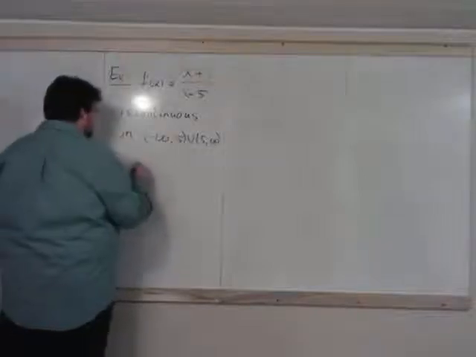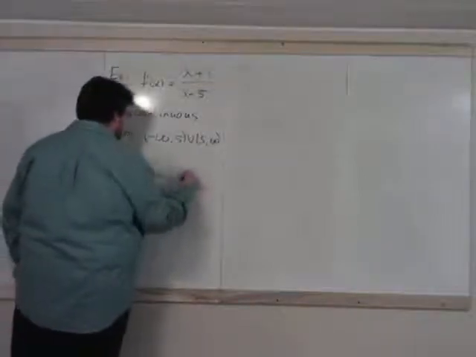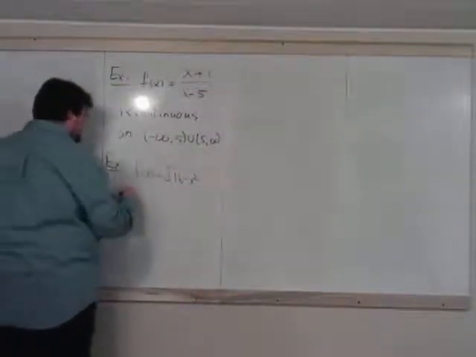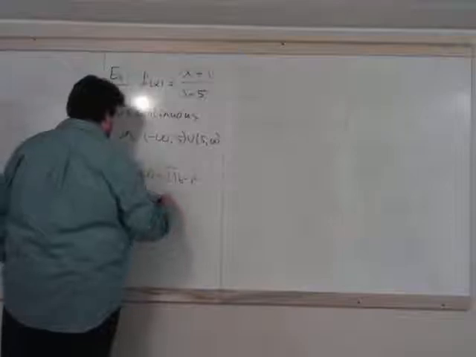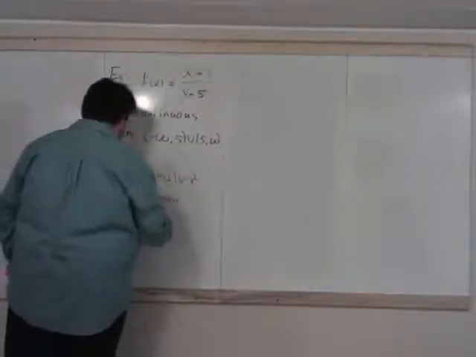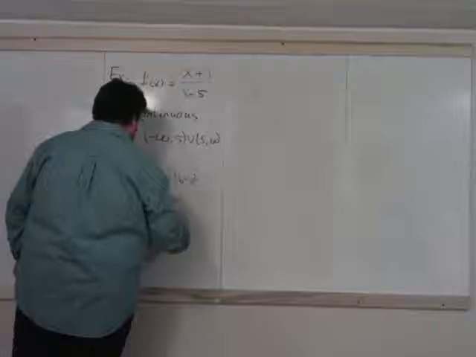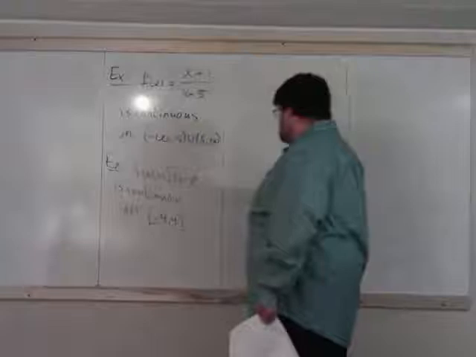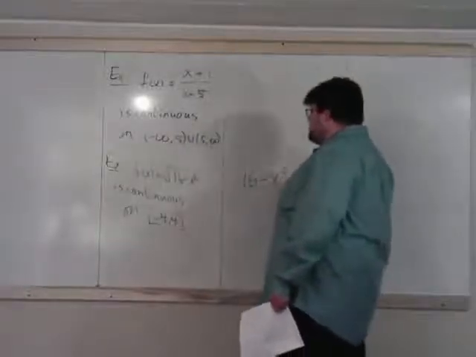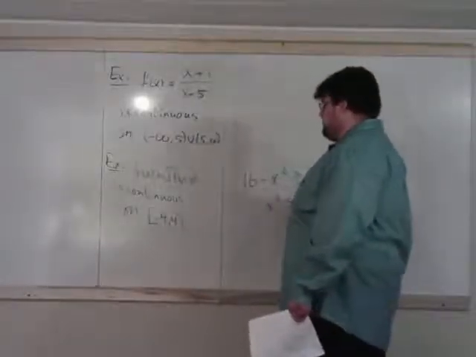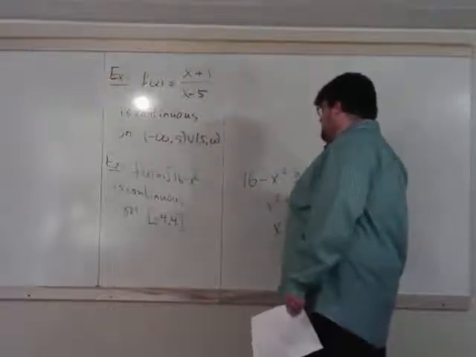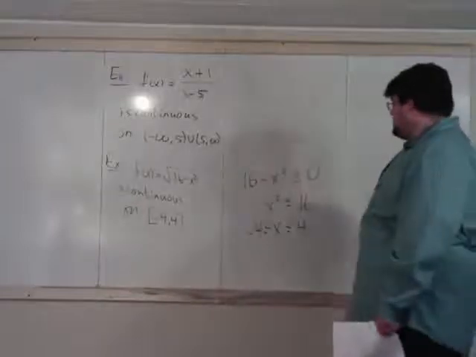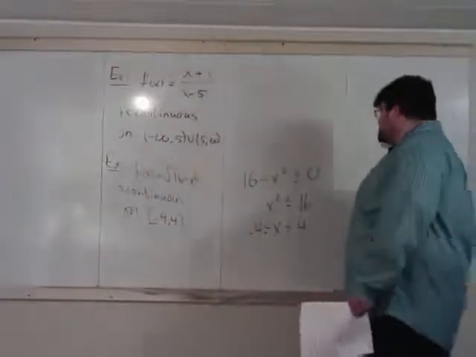Example: f of x equals root 16 minus x squared is continuous on its domain, which is -4 to 4. Algebraically, you can see that by solving this inequality. You could use a sign chart, but I would say not to.